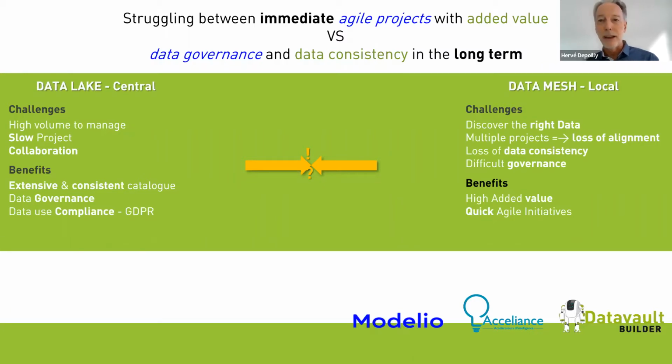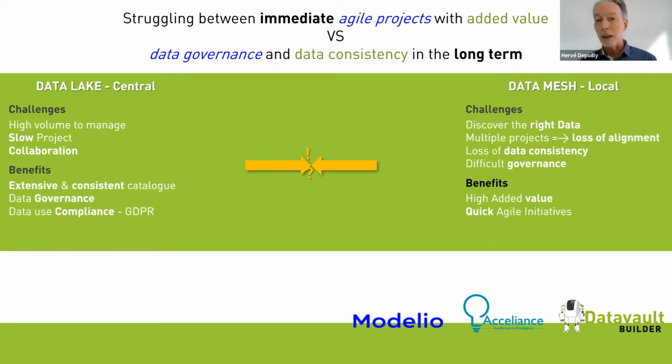So on the other hand, we have the data mesh, which is a more local, more agile approach. It has to face a certain number of challenges, which is, how do I discover the right data for my project? There are also multiple projects, and those multiple projects can have somehow different needs on the same data. And the risk is to lose alignment on the data description and on the data use.